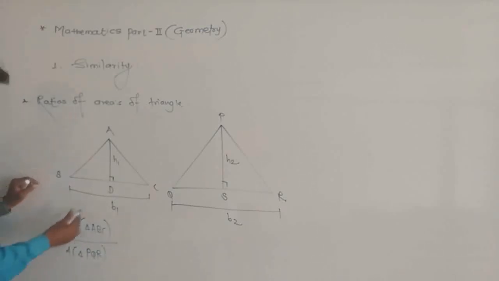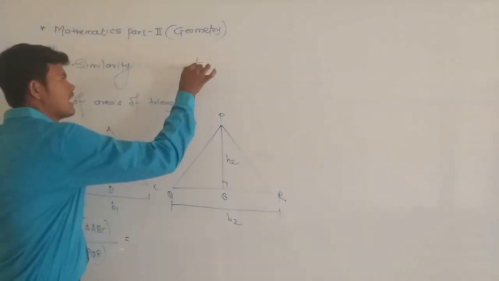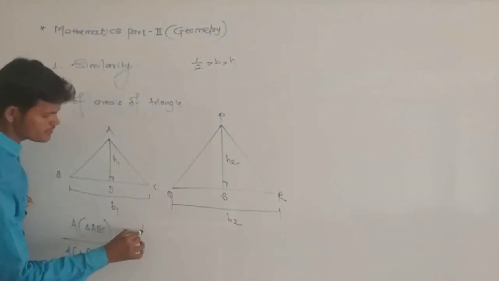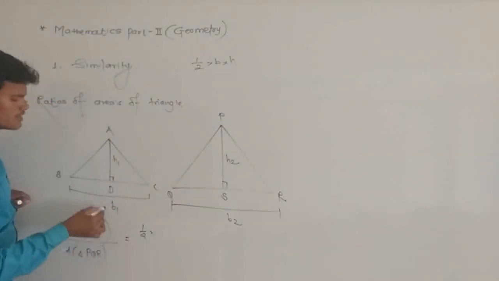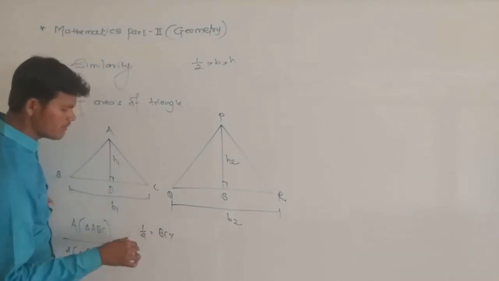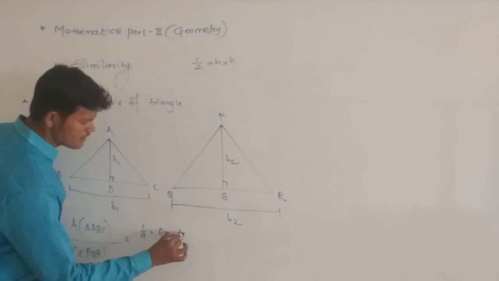So how to find area of triangle ABC? To find area of a triangle, you have already seen area of triangle is nothing but half into base into height. So for triangle ABC, half into base BC multiplied by its height AD.